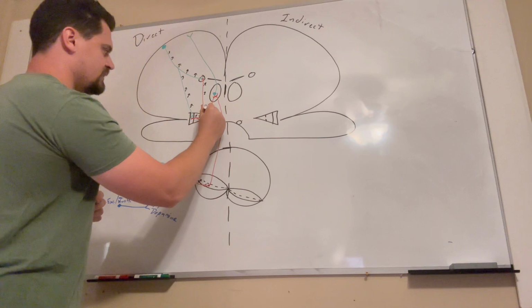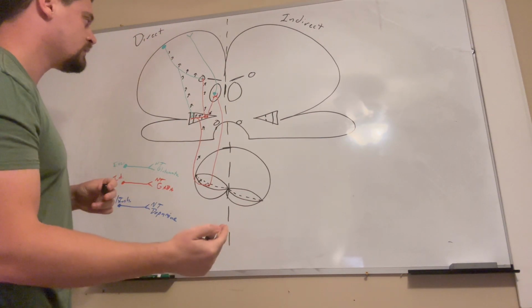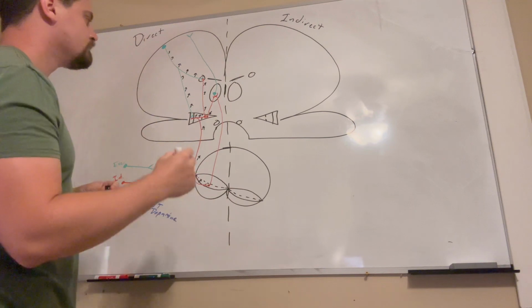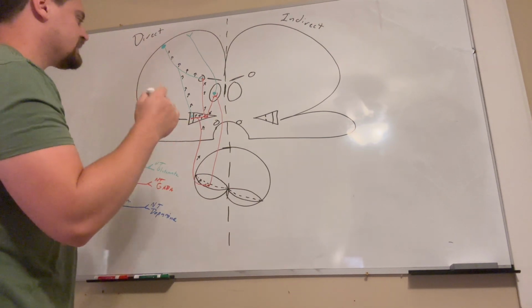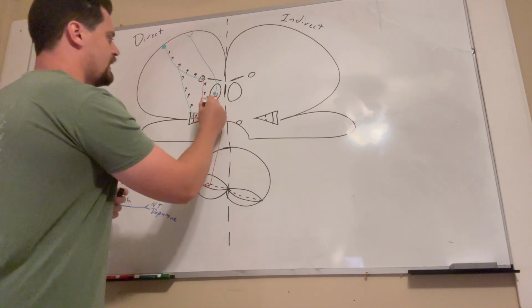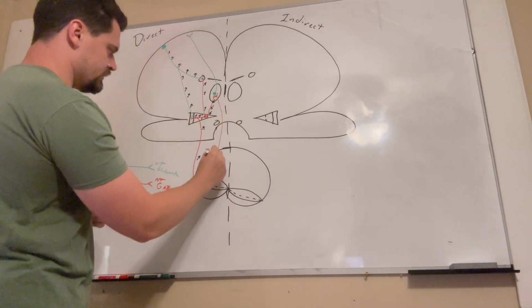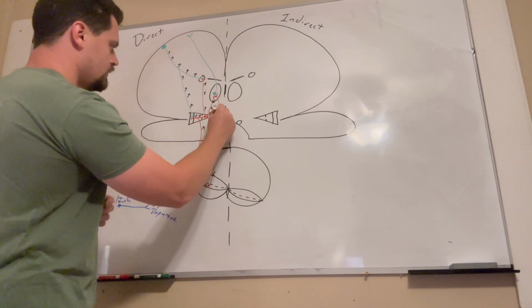So since we are exciting an inhibitory neuron, then we are going to increase the amount of inhibition. So there we go, we're drawing little down arrows.